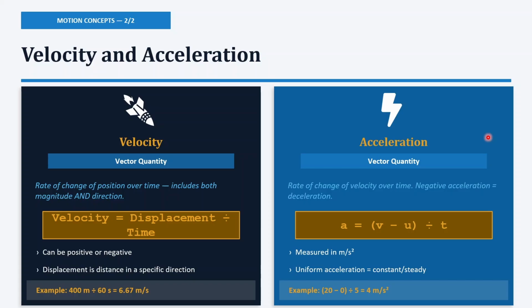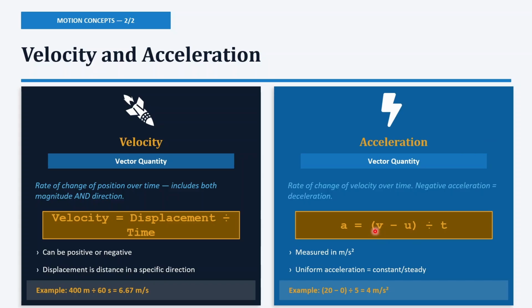So if you take how fast you are moving divided by your time, you get your acceleration. Usually you have a starting velocity and then an ending velocity. Your starting velocity is your initial velocity, which we represent by u, and then your final velocity is represented by v.